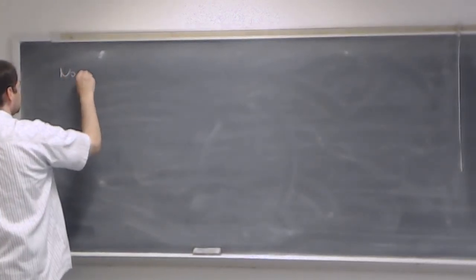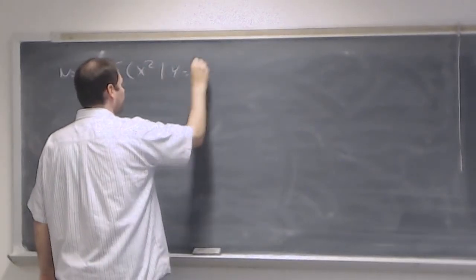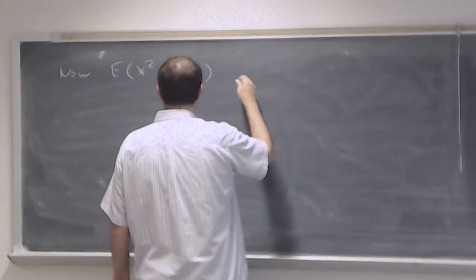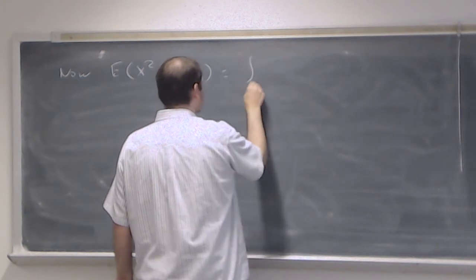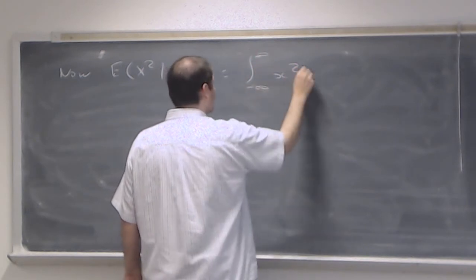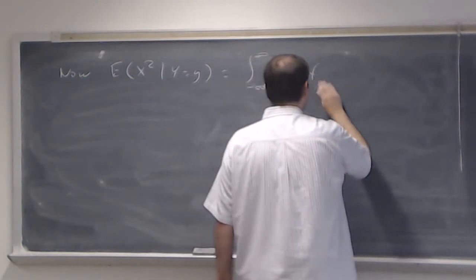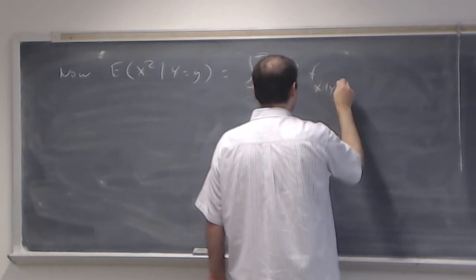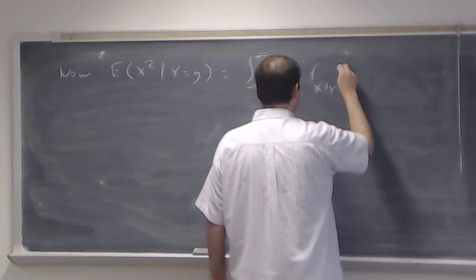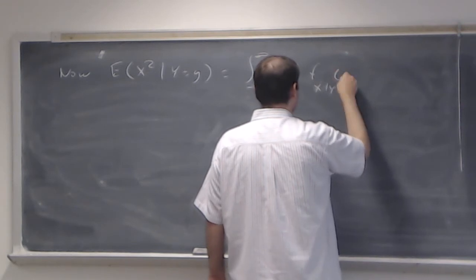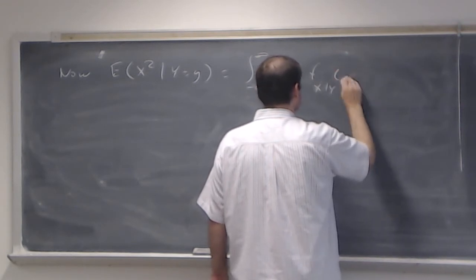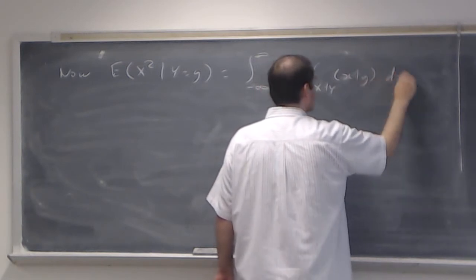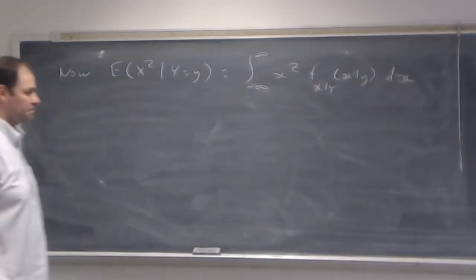Now, the expected value of X squared given Y equals y, what is that? That's going to be an integral from minus infinity to infinity of x squared times the conditional PDF of X given Y, integrated with respect to x.